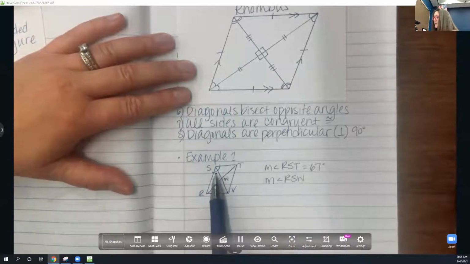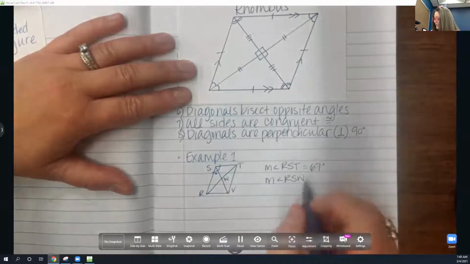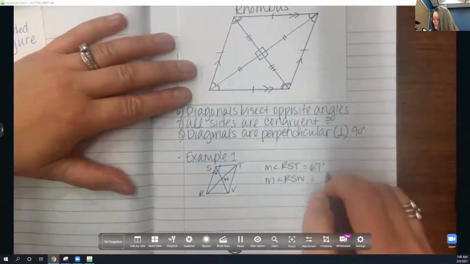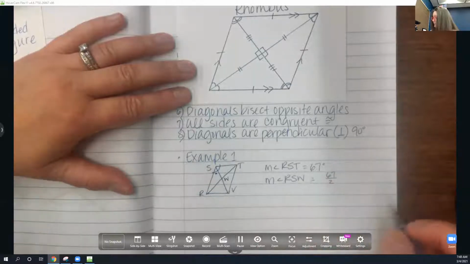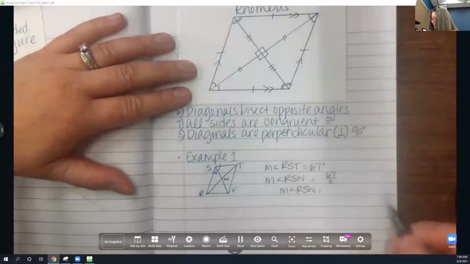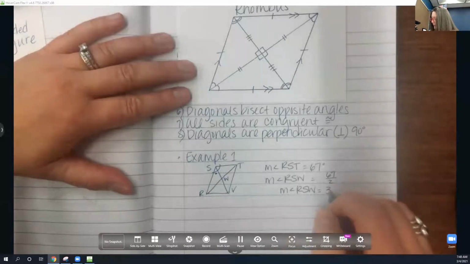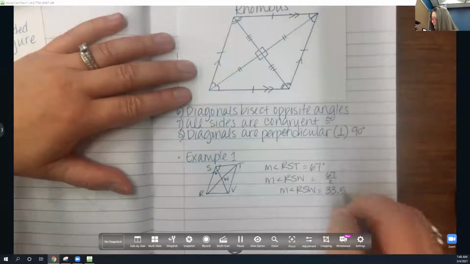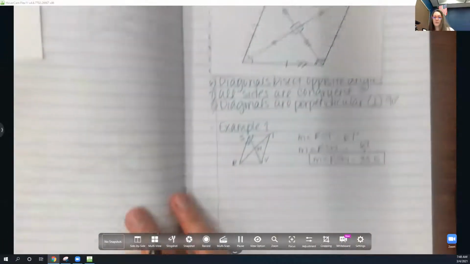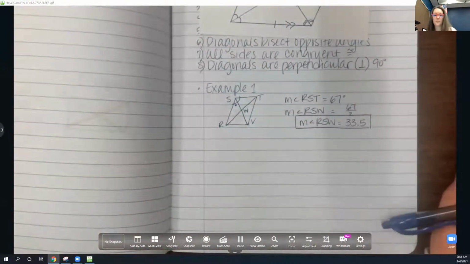So if the whole angle is 67, then RSW is half of 67, or 67 divided by 2. So the measure of angle RSW is 33.5. Not too bad there. All right, so let's look at example number 2.